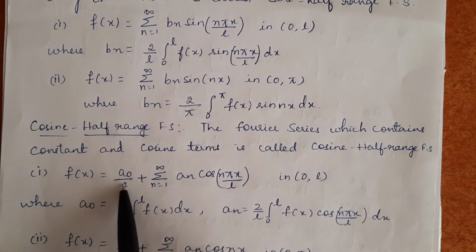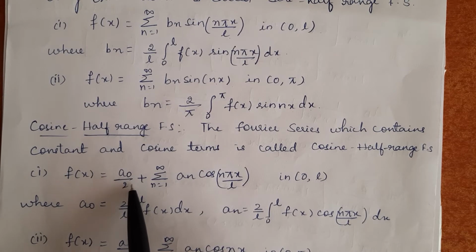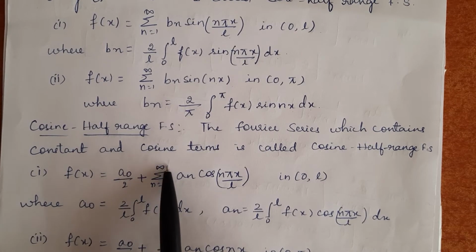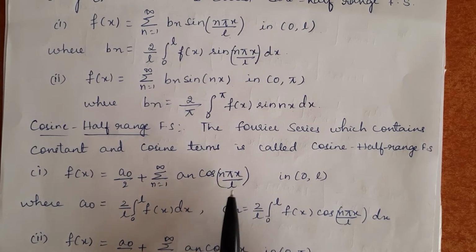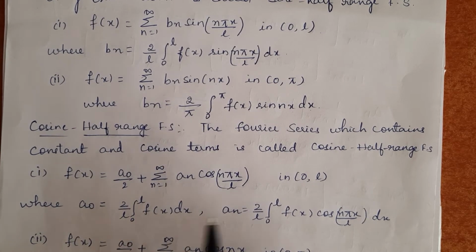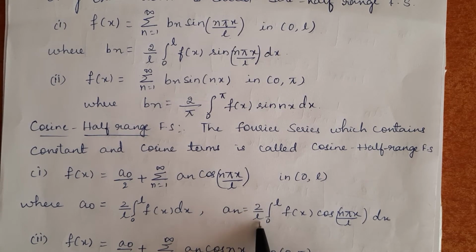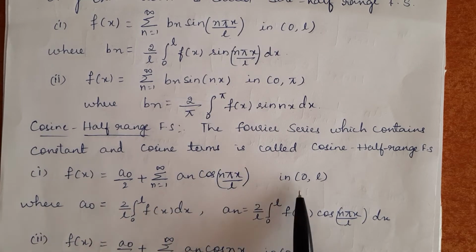Let us see the definition. f of x equals a naught by 2 plus summation n equals 1 to infinity an cos n pi x by L, where a naught is 2 by L integral between 0 to L f of x dx, and an is 2 by L integral between 0 to L f of x cos n pi x by L dx. This is the cosine half range Fourier series in the interval 0 to L.